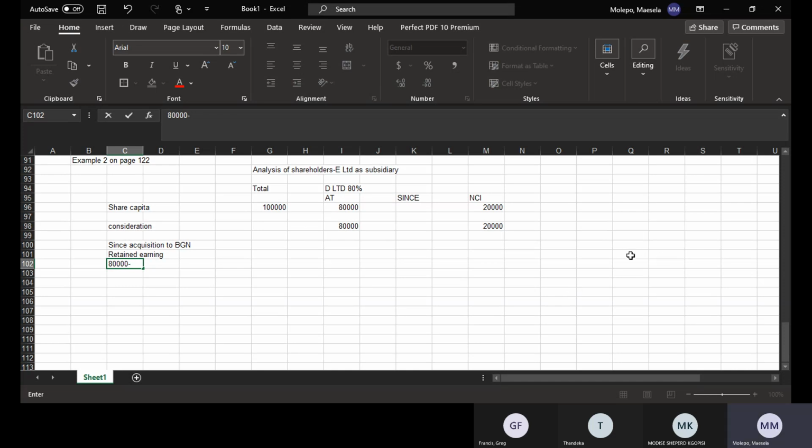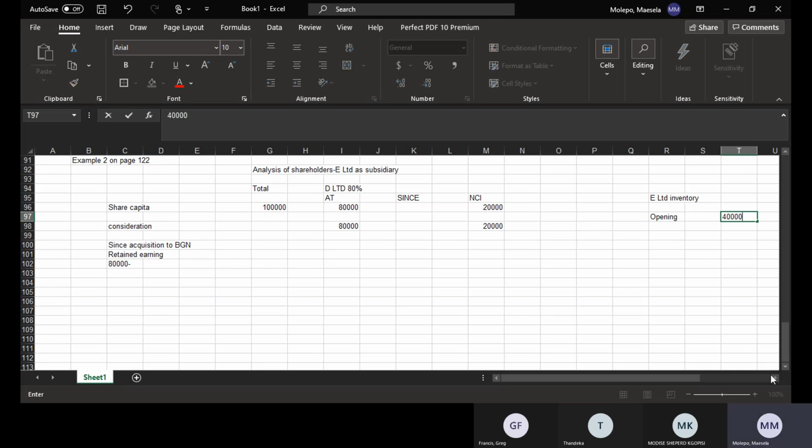So it will be the same scenario as here for E Ltd inventory opening as 40,000, as given on 1 January.